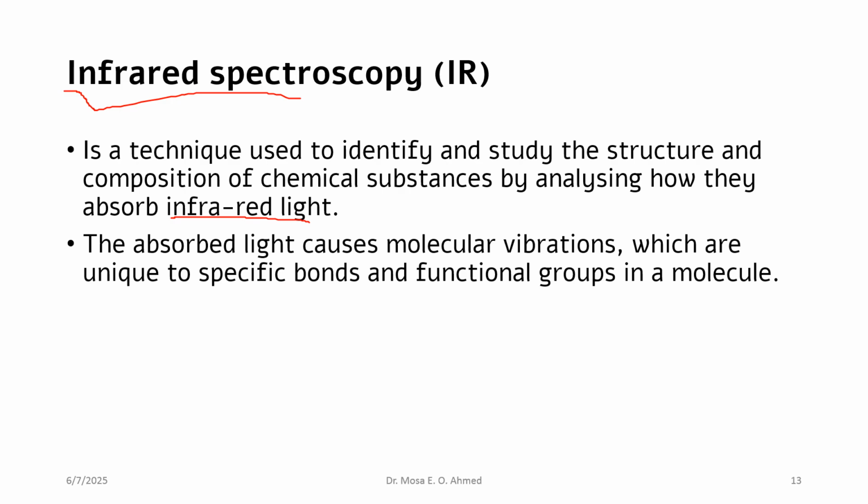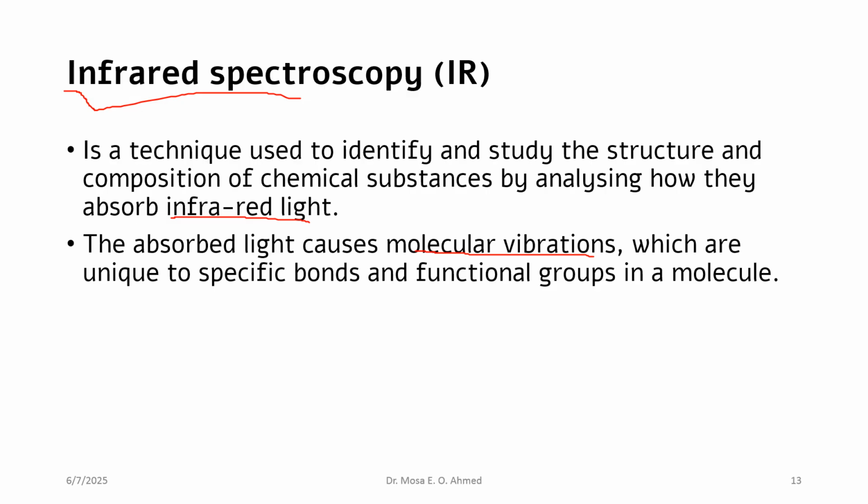The absorbed light causes nuclear vibration, making a change in the molecular structure of the compound, and this vibration is unique for a specific bond and functional group present in a molecule.